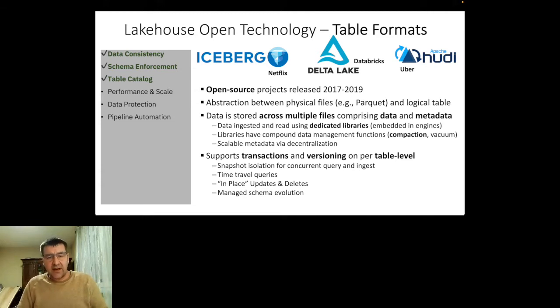Data is now stored in these table formats across multiple files, the data itself in multiple Parquet files, and metadata also in dedicated metadata files. Data is read and written through dedicated libraries only. These libraries need to be embedded and adopted by different engines. The libraries also include housekeeping functions like compaction and vacuuming that do this for you.